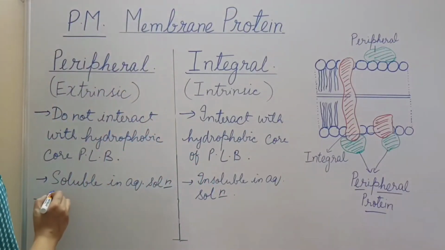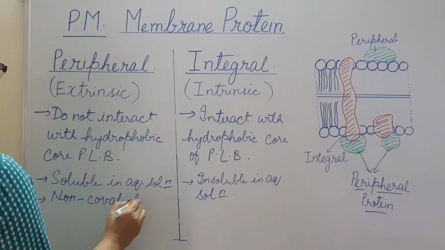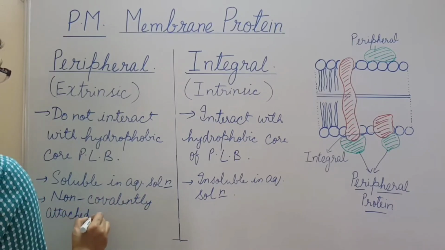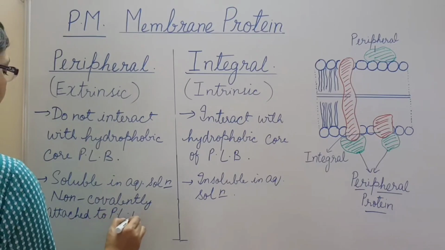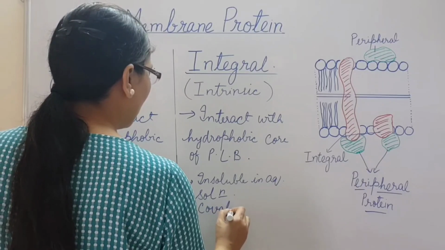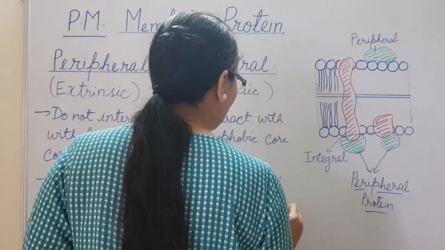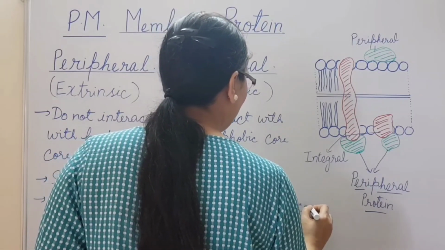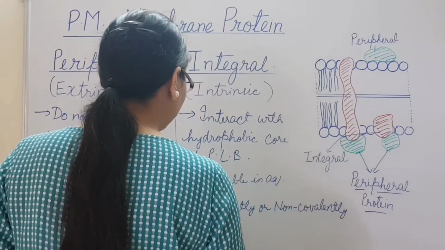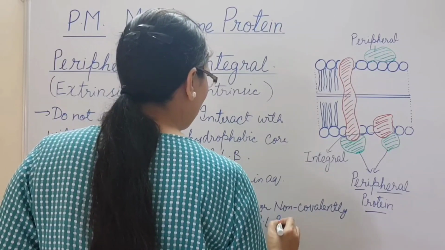Peripheral proteins are non-covalently attached to the phospholipid bilayer, but integral proteins are covalently or non-covalently bound to the phospholipid bilayer.